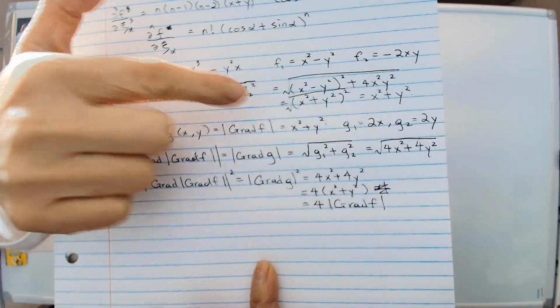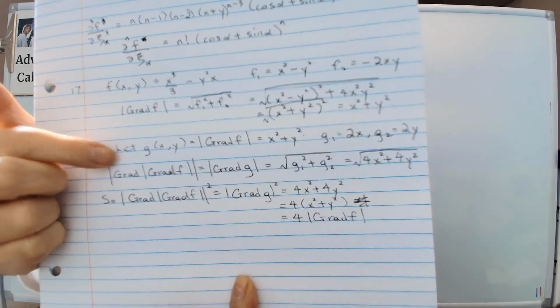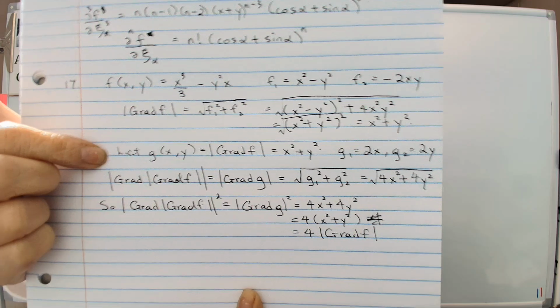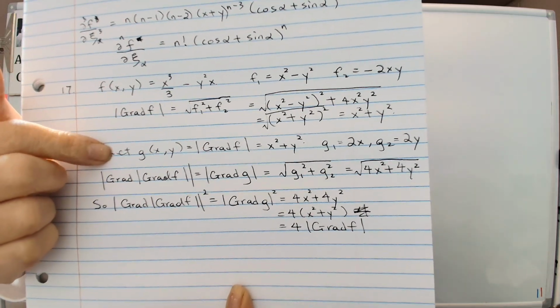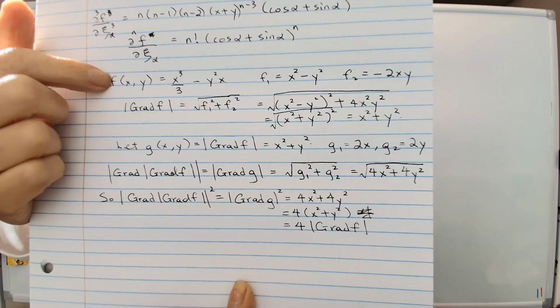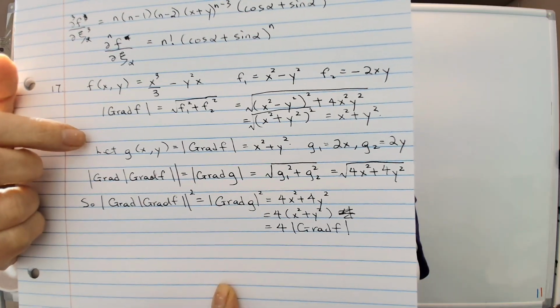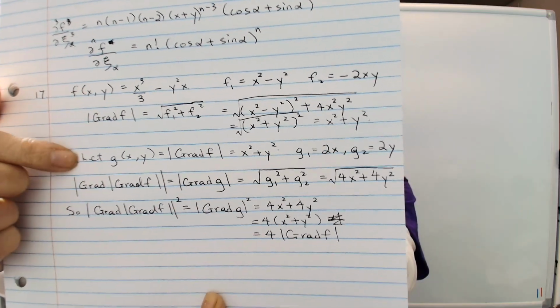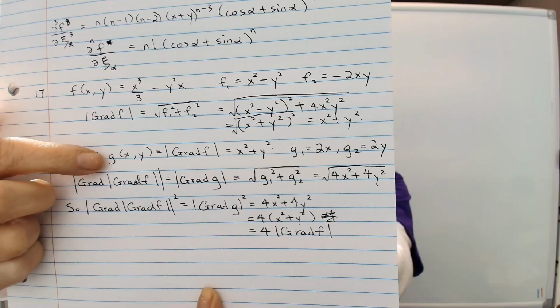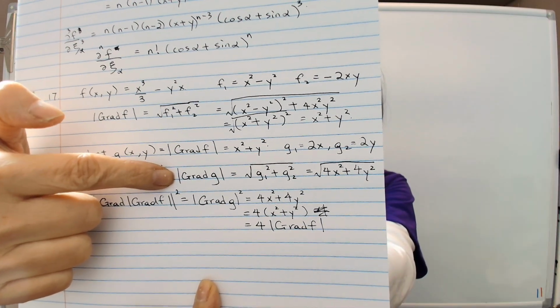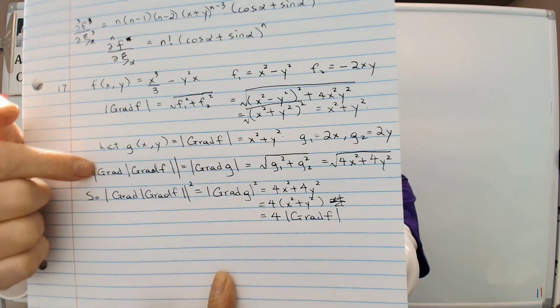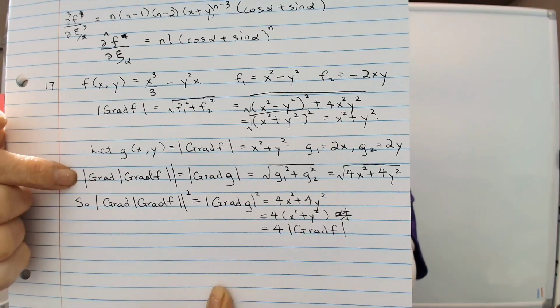So the grad f is another function. Let's call it g(x,y) for clarity's sake, which is x squared plus y squared. So g(x,y) is as good a function as f(x,y), right? Which means we can calculate g1 and g2, and more importantly, we can calculate grad g. The absolute value of grad g just means the magnitude of the grad of f.